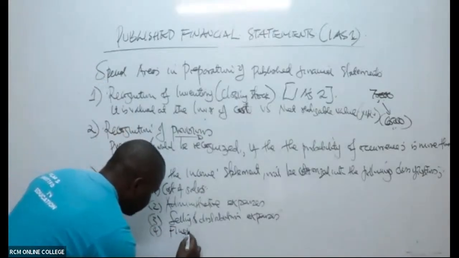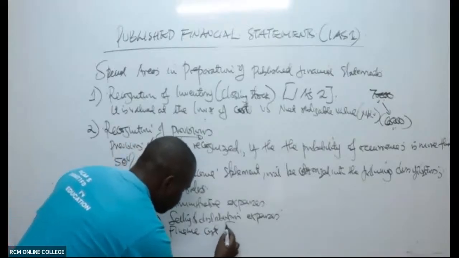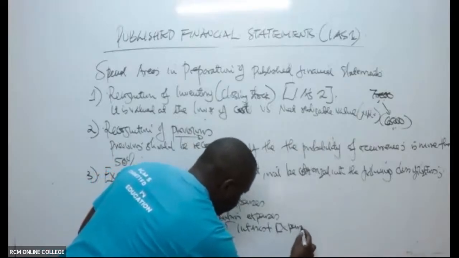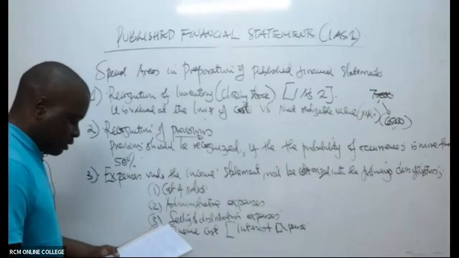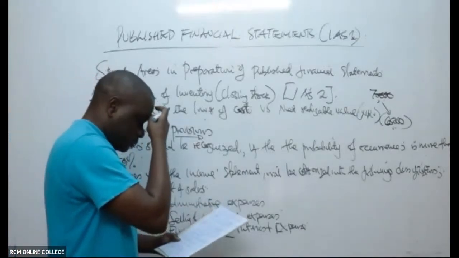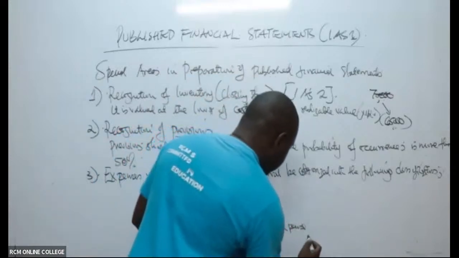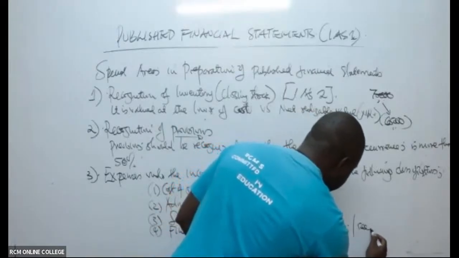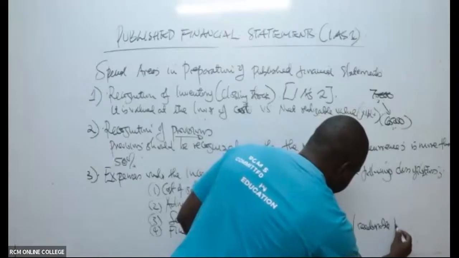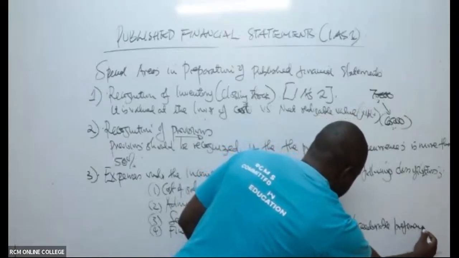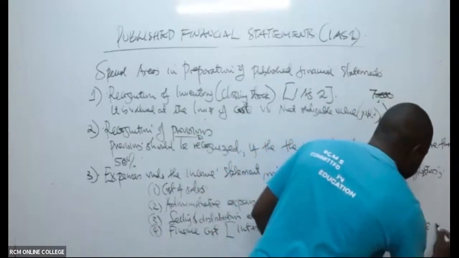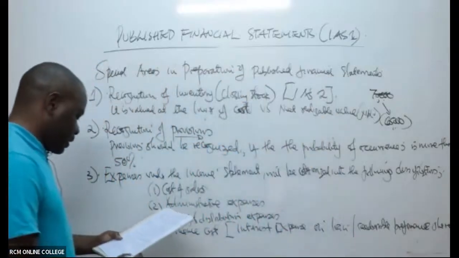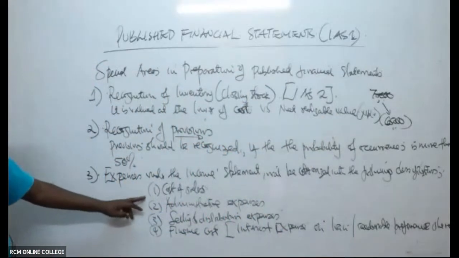You'll have a figure for the finance cost, which will be made up of interest expense, maybe interest expense on loan, or maybe on redeemable preference shares, amongst other items.